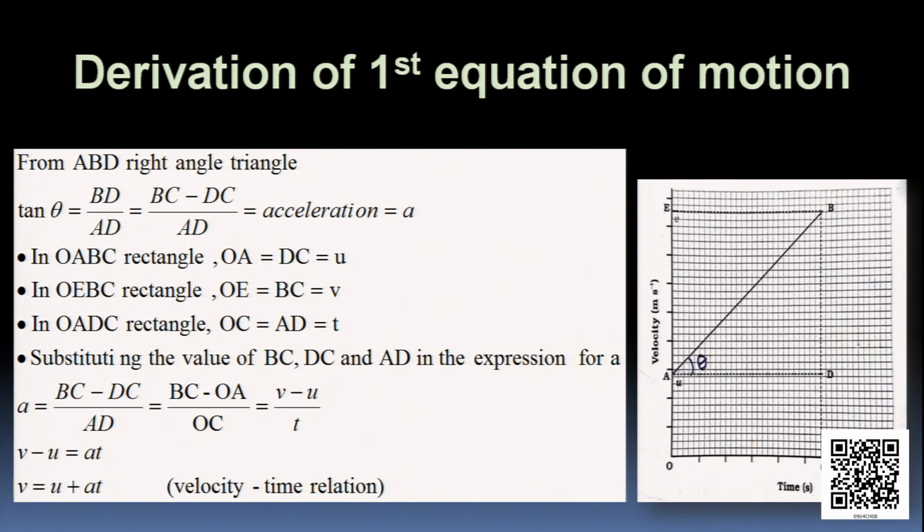BC minus DC is equal to BC minus OA, divided by OC, because OC is equal to AD, is equal to V minus U by T, because you are substituting the values here. BC is equal to V, OA is equal to U and OC is equal to T.